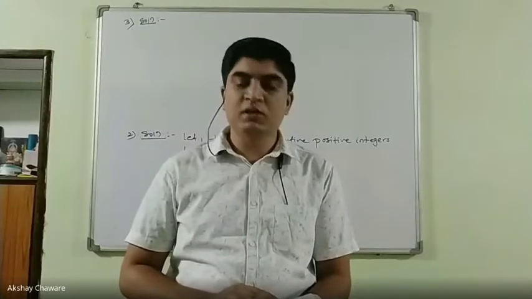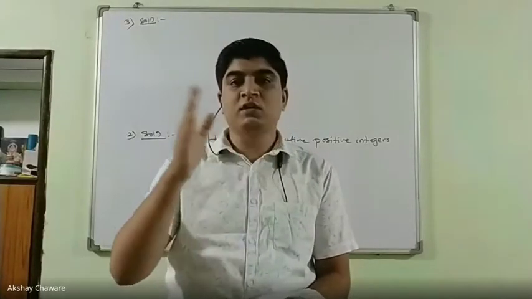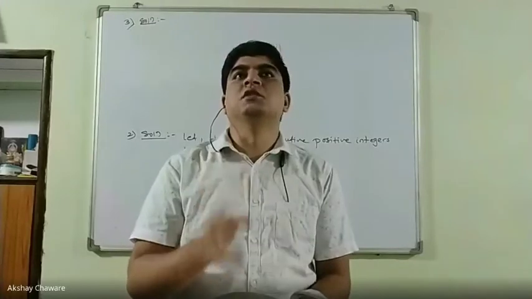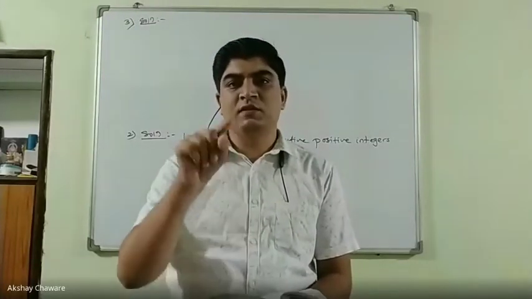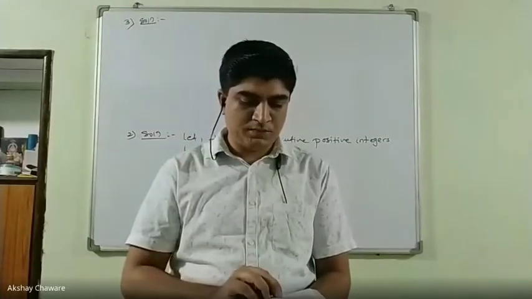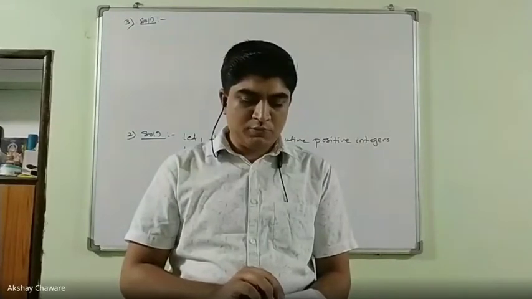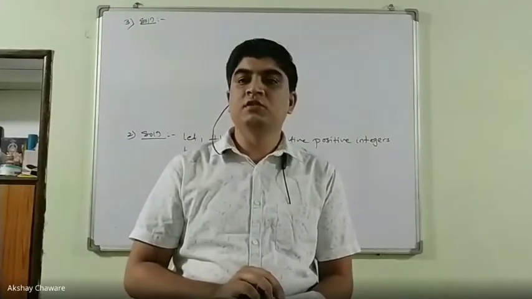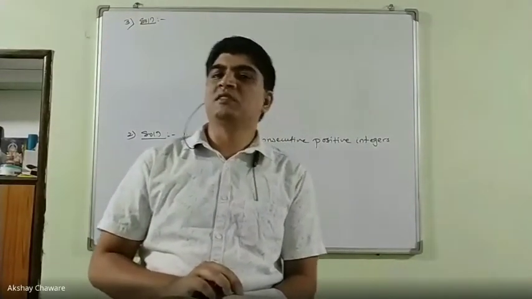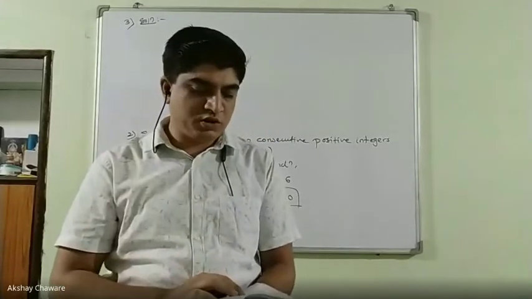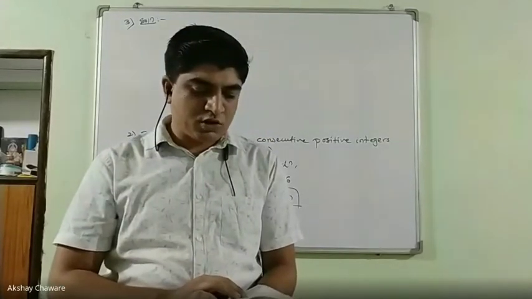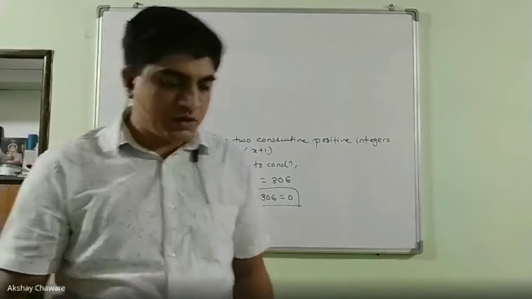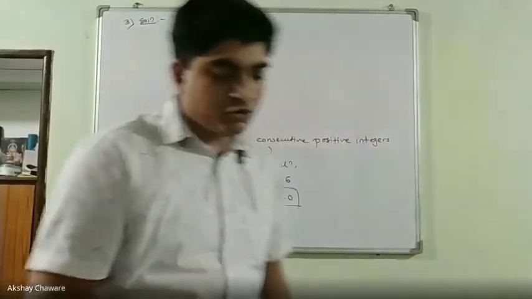Rohan's mother is 26 years older than him, which means the mother's age is expressed in terms of Rohan's age. 3 years from now means after 3 years, a future condition. That product will be 360, and we have to find the present age of Rohan.